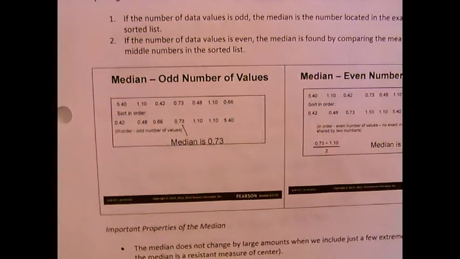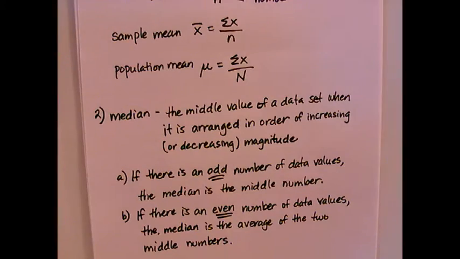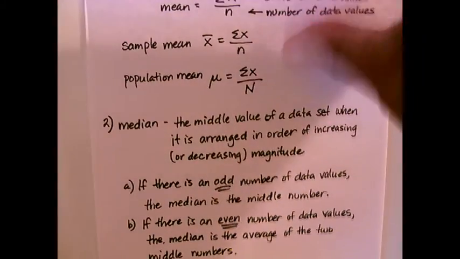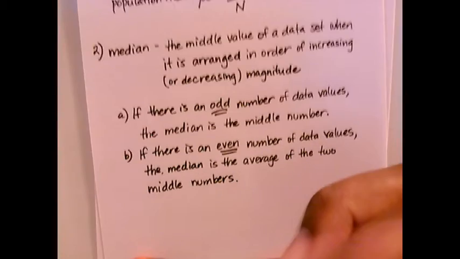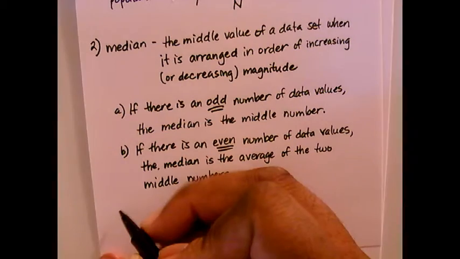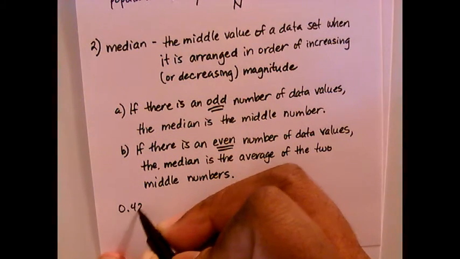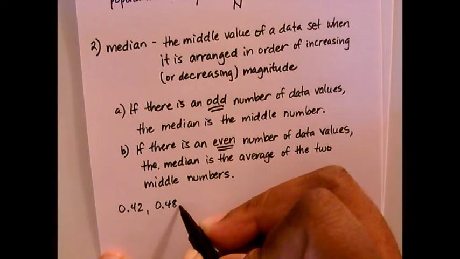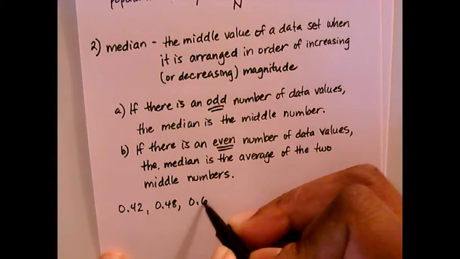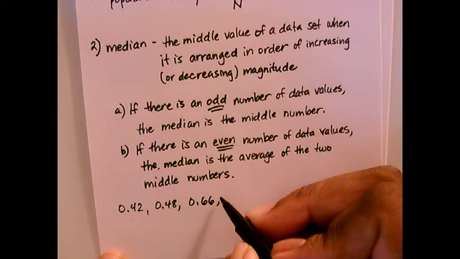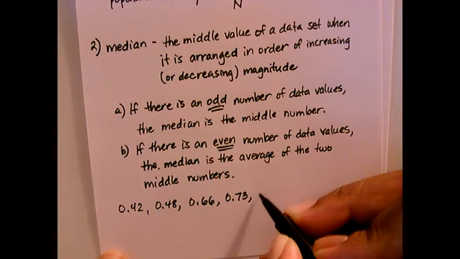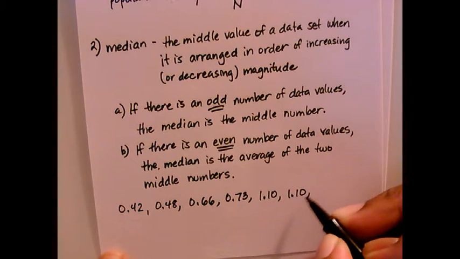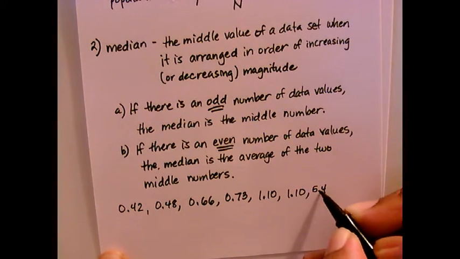Now, what I'm going to do here is put these in numerical order. In numerical order, this will be 0.42, 0.48, 0.66, 0.73, 1.10, another 1.10, and 5.40.